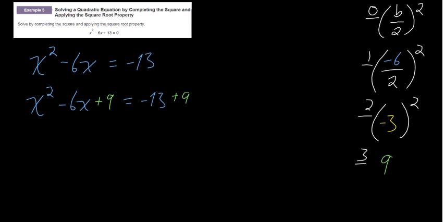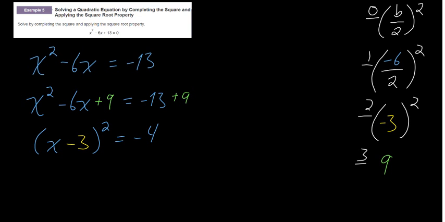Then we're going to factor the left side because now it is a perfect square trinomial because of my completing the square. From step 2, it's going to be x minus 3 quantity squared is equal to, well, what is negative 13 and positive 9? It's going to be negative 4.